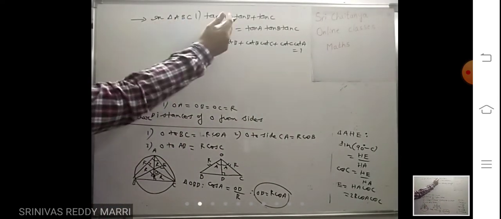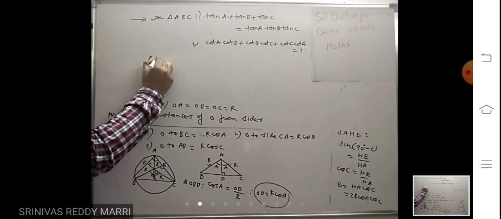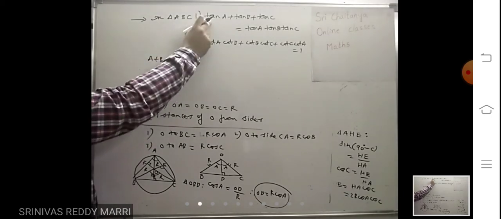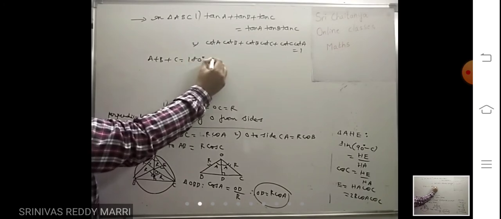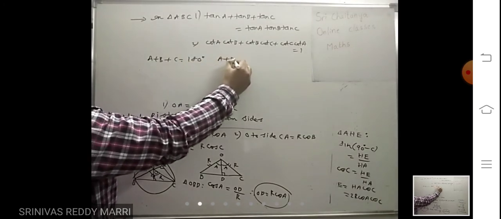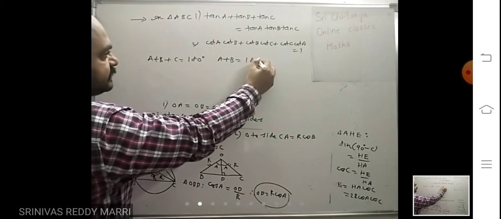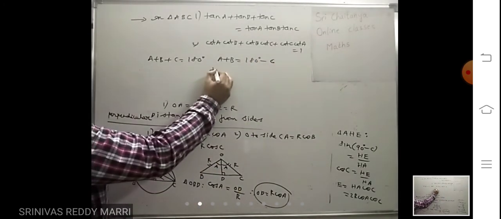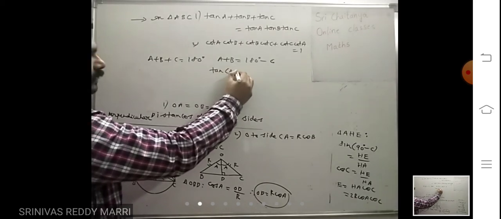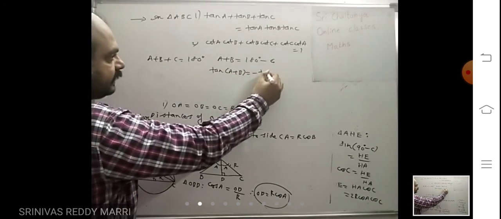First one I will prove. You will get this in problems. A plus B plus C in triangle ABC is 180. Just bring C to this side. Proving is very easy. A plus B equals 180 minus C. Apply tan on both sides.